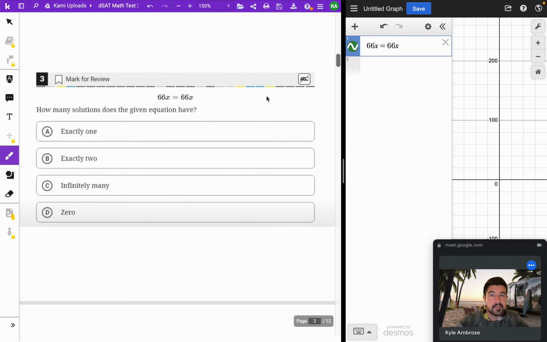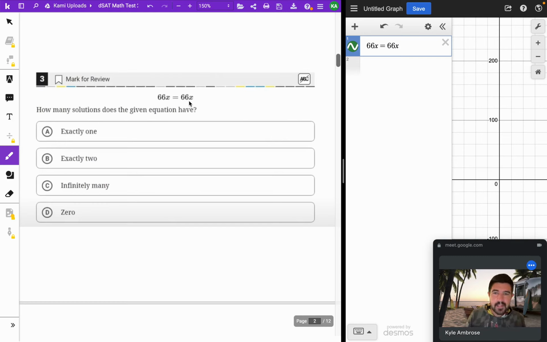Think of it like this. If you took an x value, it doesn't matter what it is, and you plugged it into this equation, and you multiplied it by 66 on the left side, and you multiplied it again by the same thing, 66 on the right side, aren't these two sides of the equation going to be equal? In other words, if you multiply something by 66, isn't it the same as multiplying it by 66?